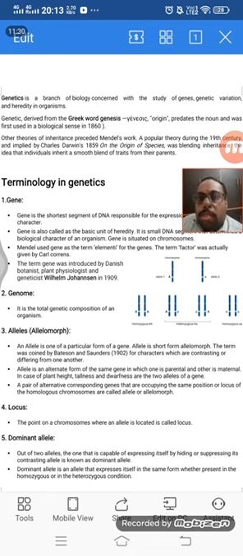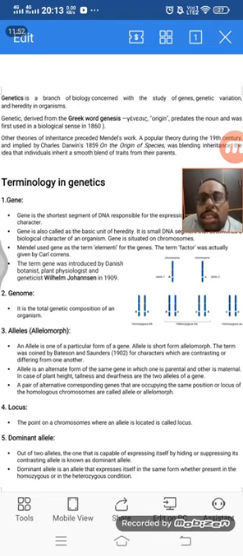That is why it is 100% sure that Father Gregor John Mendel, who was a monk, not a nun, is considered the father of genetics.